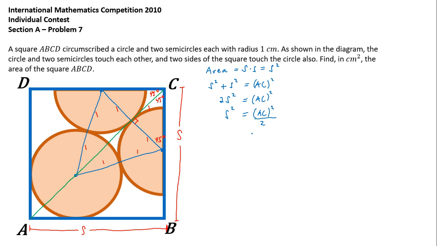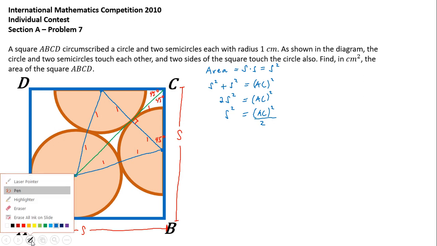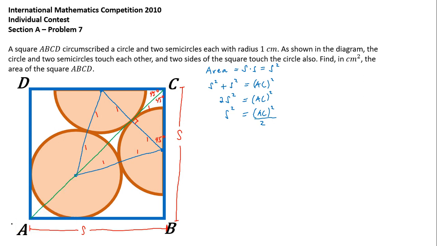So let's continue finding some other parts of the diagonal. Okay, so let's focus now on the equilateral triangle and find the altitude of the equilateral triangle. So let's label that one by, let's say, y.